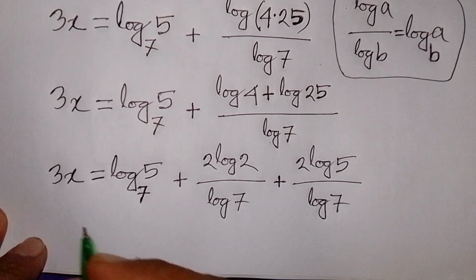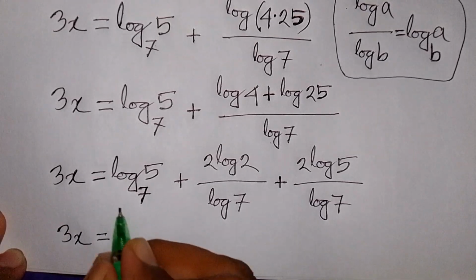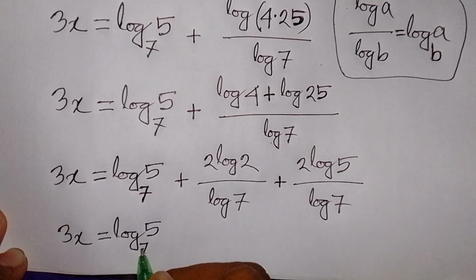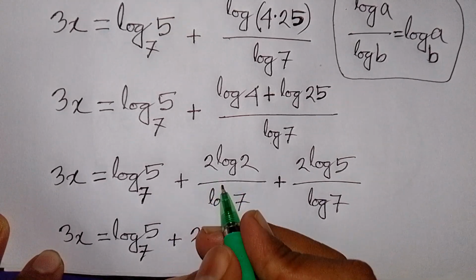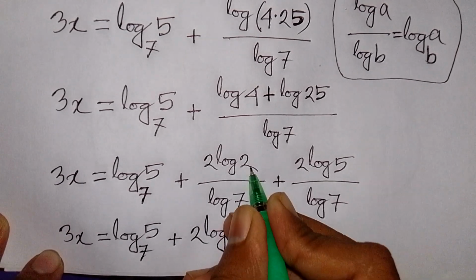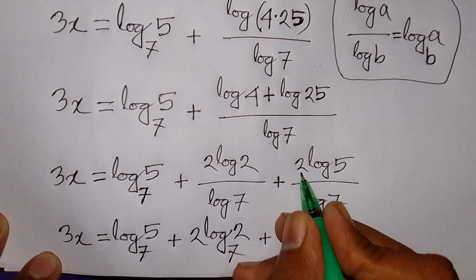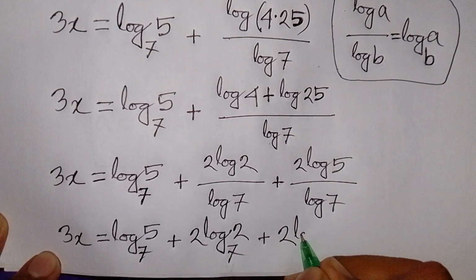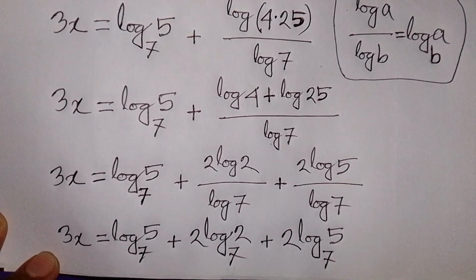Now we have 3x is equal to log 5 base 7 plus 2 log 2 over log 7, which is the same as log 2 base 7, plus 2 times log 5 over log 7, which is the same as log 5 base 7.